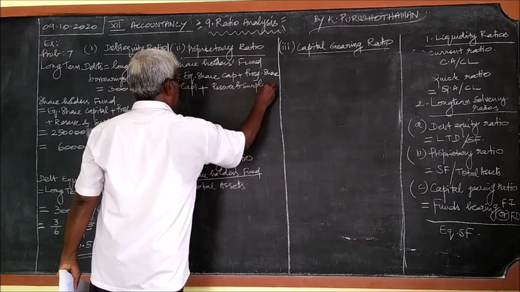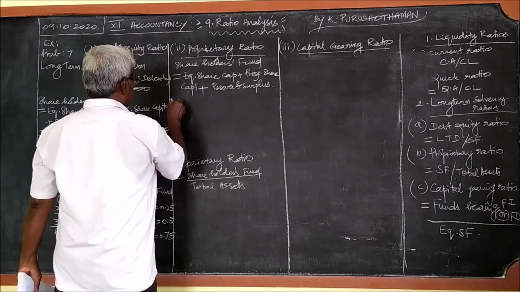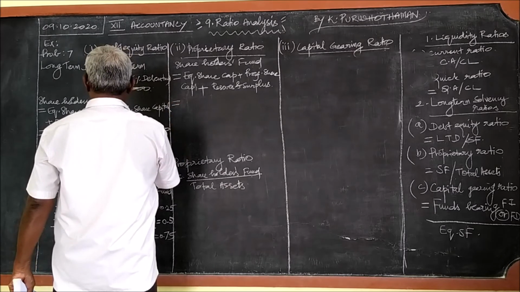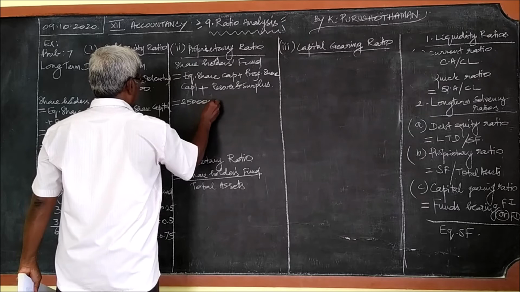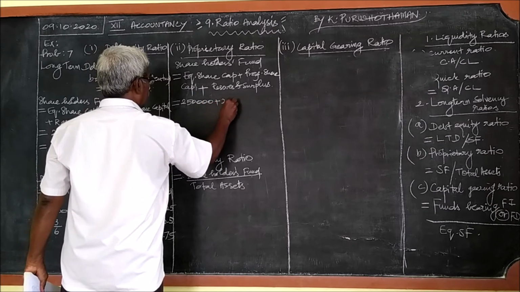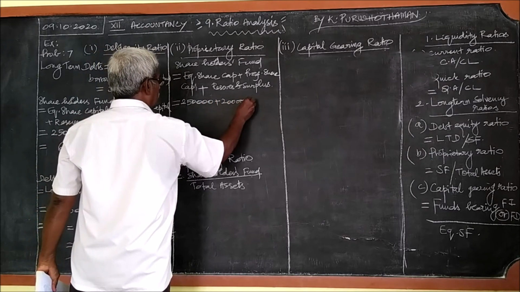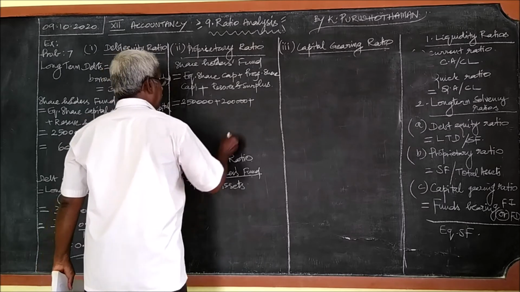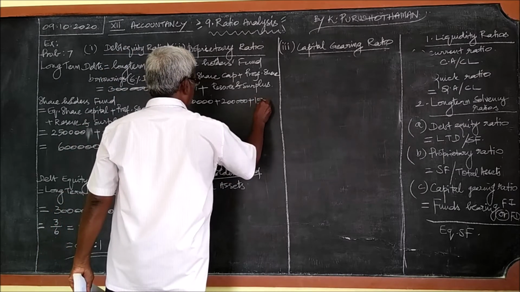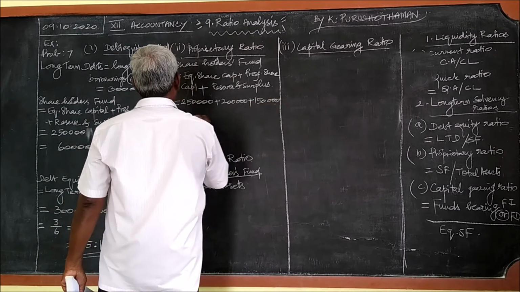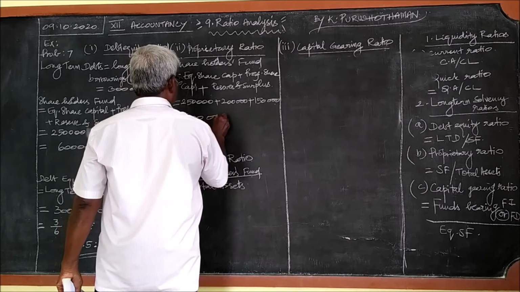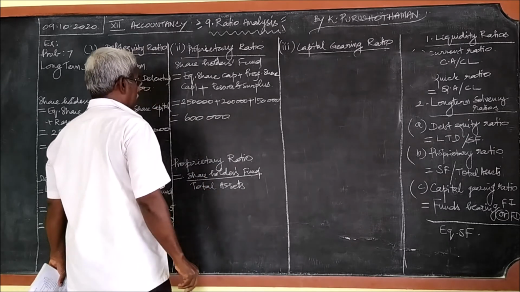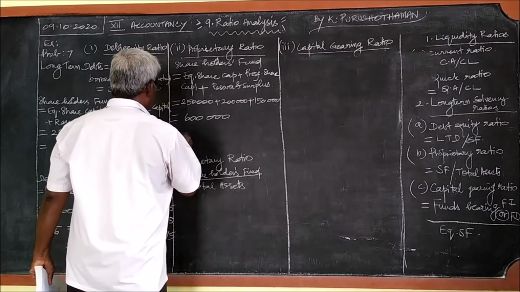This is equal to the same amount, 2,50,000 plus 2 lakhs plus 1,50,000, which is equal to 6 lakhs. And the numerator we have found out.